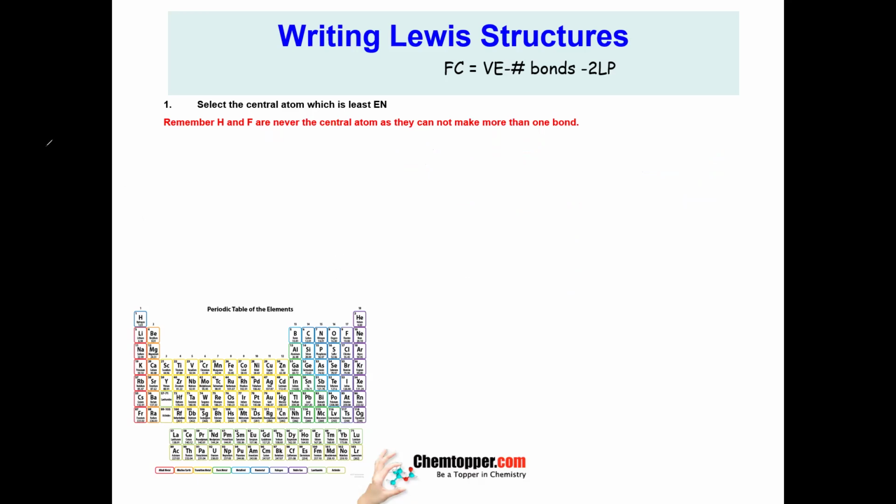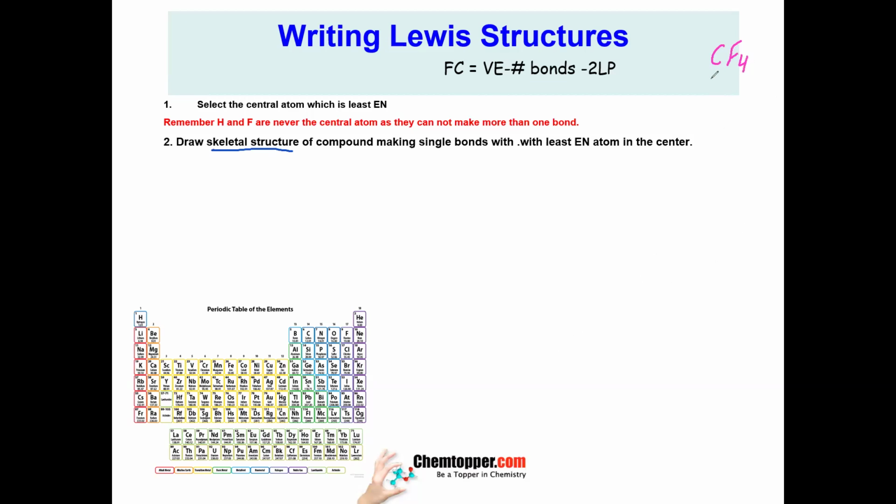Okay, Srishta. So rule number 1 is clear. Now let's see rule number 2. You have to draw the skeleton. So I'm starting with one molecule, children. Let's start using these rules. So the molecule which I have selected is CF4.